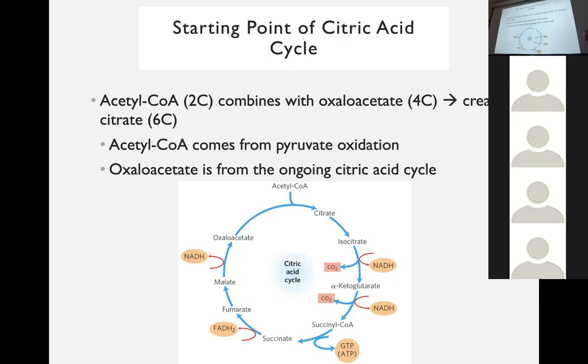That acetyl-CoA is coming from that intermediate step, pyruvate oxidation. And then the oxaloacetate we just get from that ongoing cycle. Towards the end of one cycle, oxaloacetate is that. So that's coming from within the cycle itself.